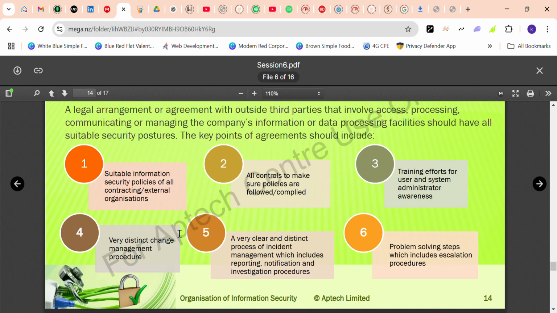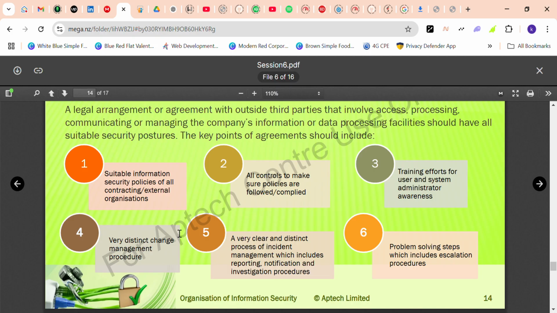And number two, all controls to make sure policies are followed and complied with. Everything the third party or external bodies are doing with the organization's information system has to comply with the policy which has been laid down. And number three, training efforts for users and system administrator awareness. All these things have to be in place.